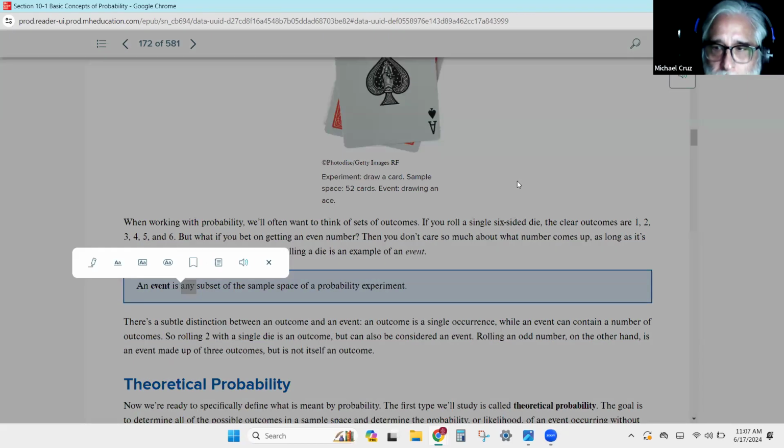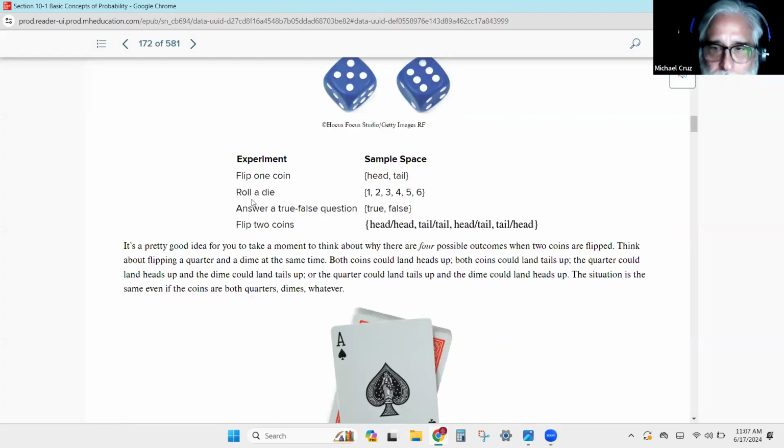So the experiment is anything like rolling a die, flipping a coin, pulling a card, any number of things. We know exactly what it could come out to, not what will happen exactly, but what possible outcomes there will be.